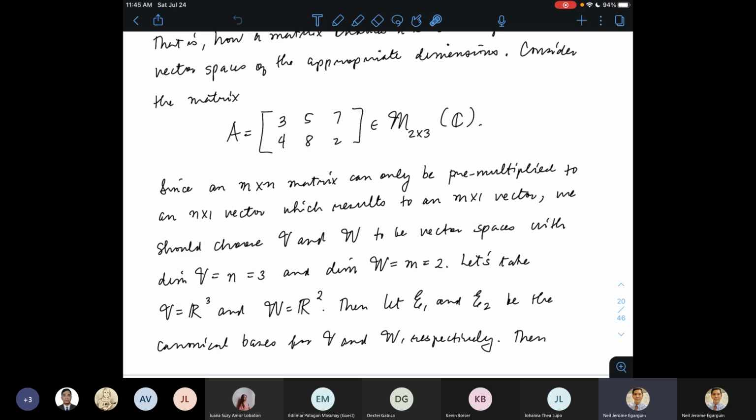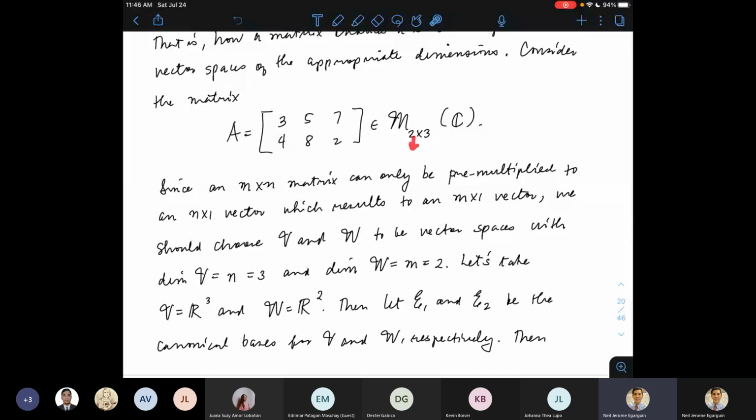But since we are expecting a vector back, that means we only multiply it by n by 1. So the elements of the domain should be of length n by 1. But what are these vector representations? They are really the scalars in the basis expansion. So if you want an n by 1 vector to be your set of scalars, then your vector space V, the domain, should be of dimension the number of columns, right? So it should have dimension n.